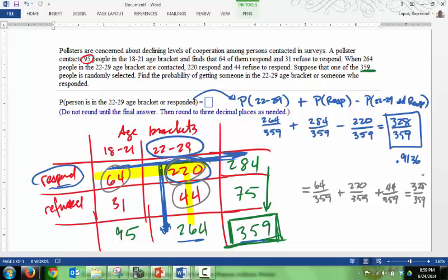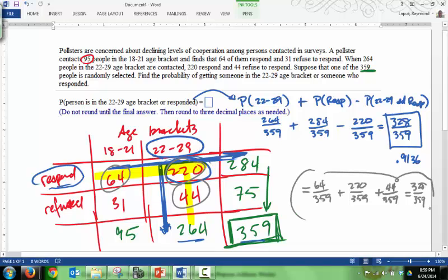The addition rule would be more useful if you weren't given a table, if you're given a bunch of probabilities instead of the actual raw number values. So this is just another way to find the same answer.